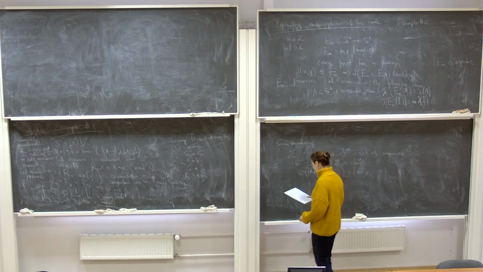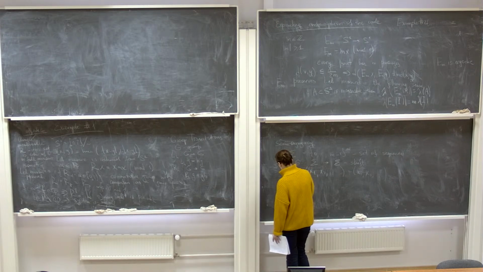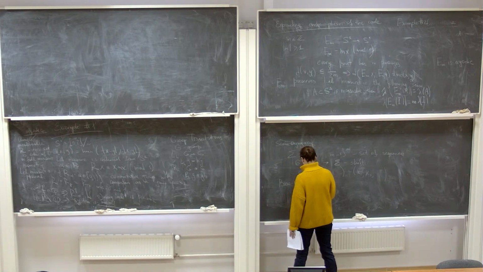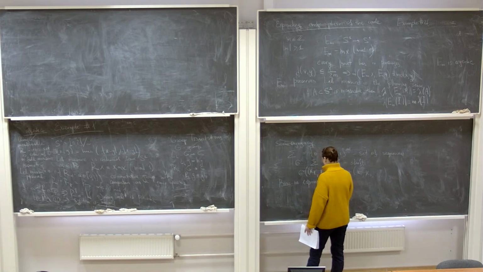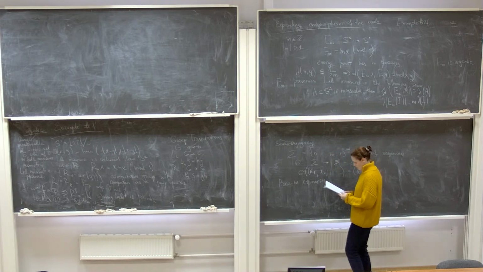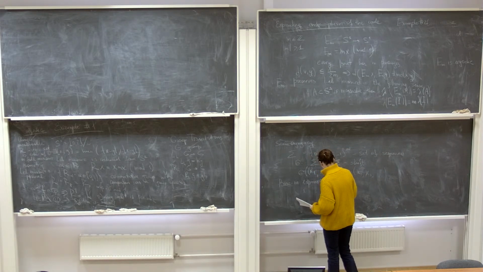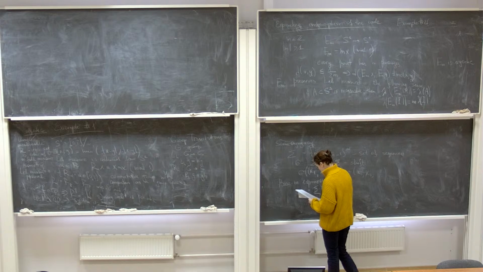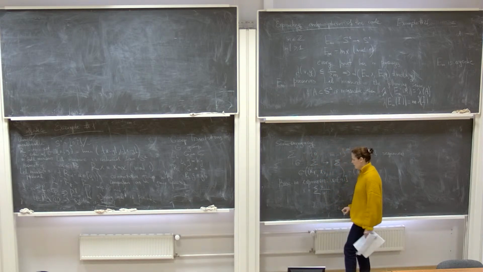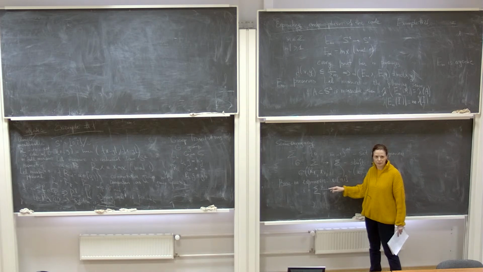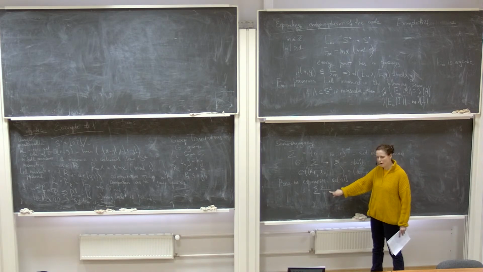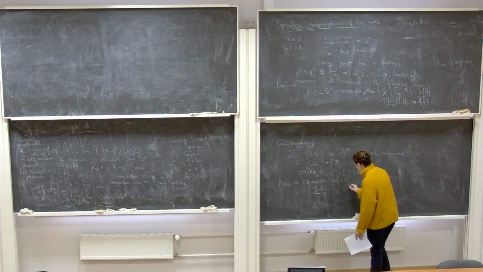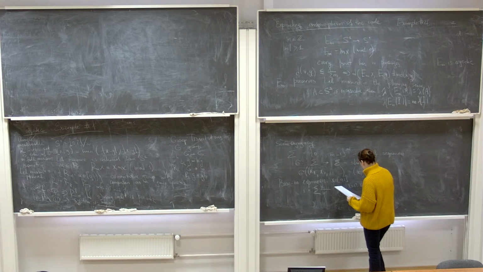Now, let us consider the following notion, which is called base m expansion. You definitely studied it at school. You studied different counting systems. So you take a point from 0 to 1, and you represent it as a sum of integers x_i divided by m to the power i.